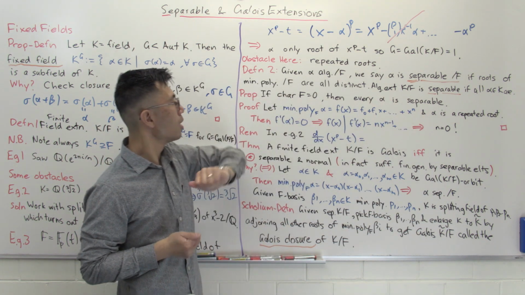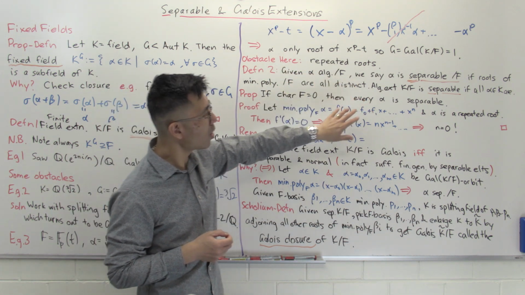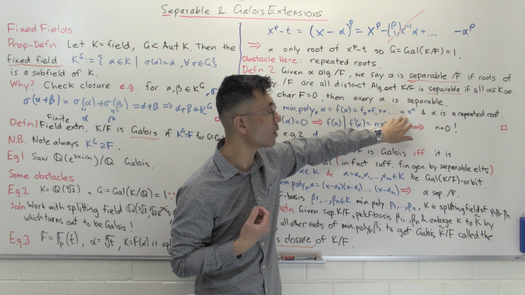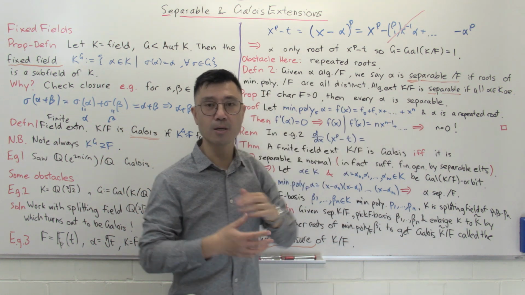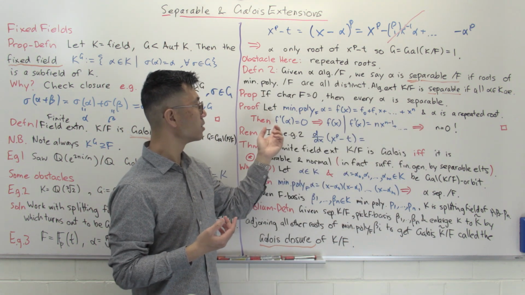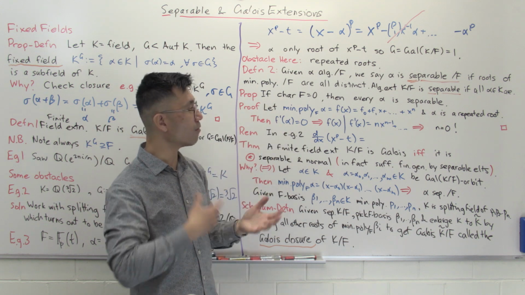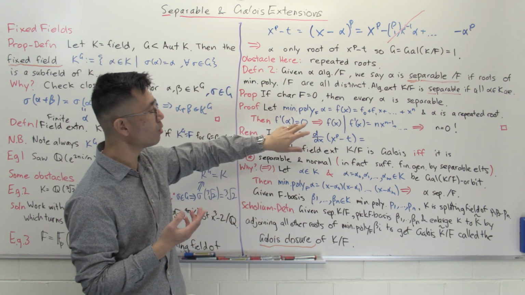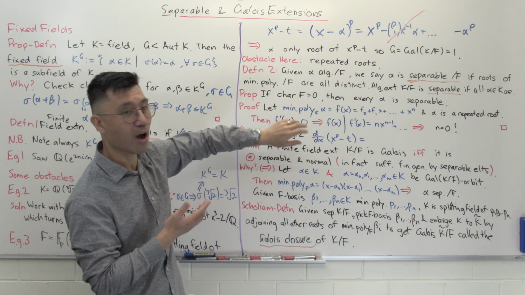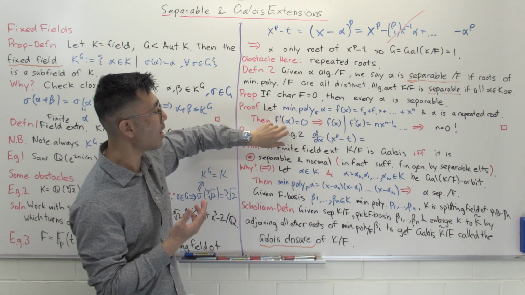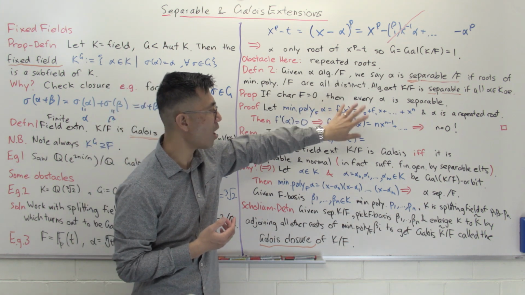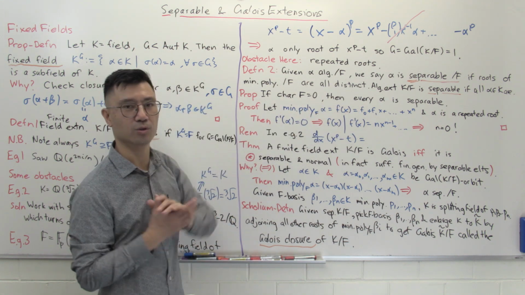And not only can you define differentiation for polynomials over any field, it's quite easy to check some simple properties of this derivative. For example, you have the product rule and things like that. And because of the product rule and other simple rules, if you have a repeated root alpha, then not only is f of alpha equal to 0, but f prime of alpha is equal to 0.